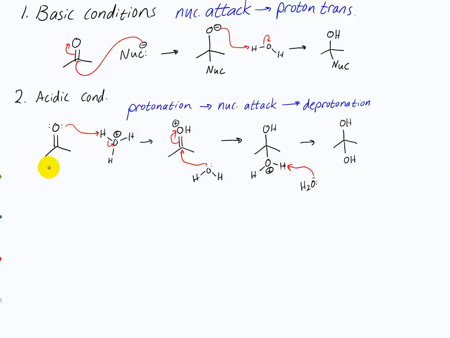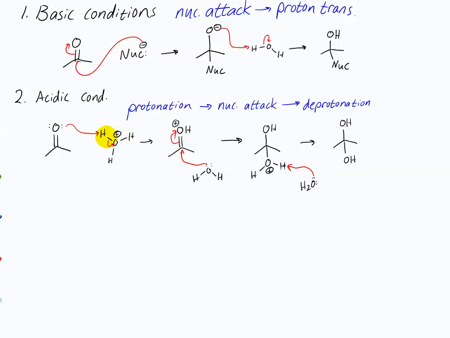Well, in the acidic conditions, we know the convention that you always protonate first. But why do you always protonate first? Why specifically in this case do you protonate first? Why is it important? Why do you need to protonate that carbonyl to get this reaction to go? Obvious reasons, we have 5 bonds.